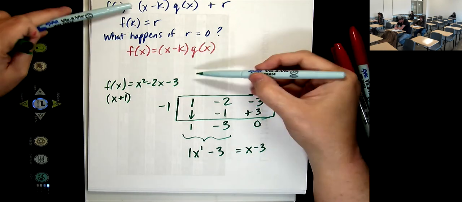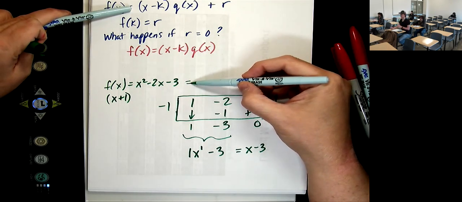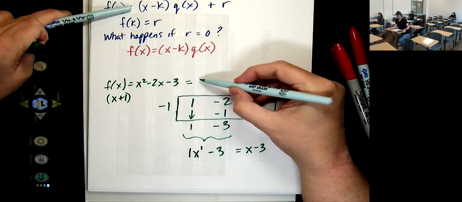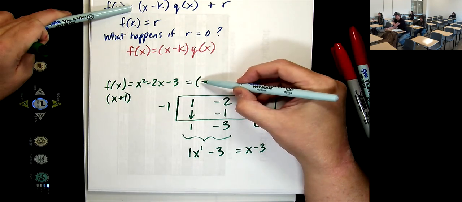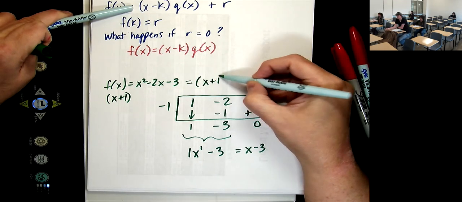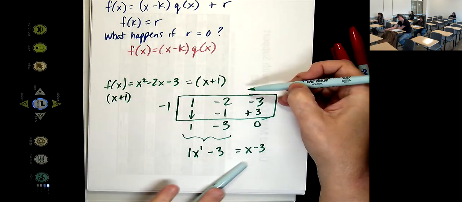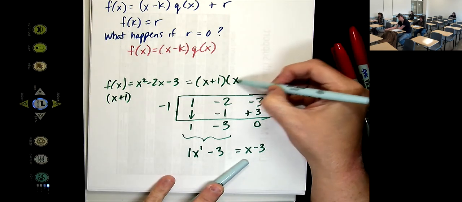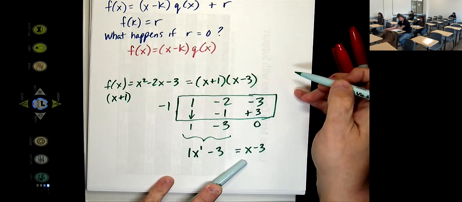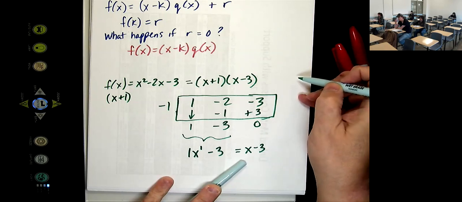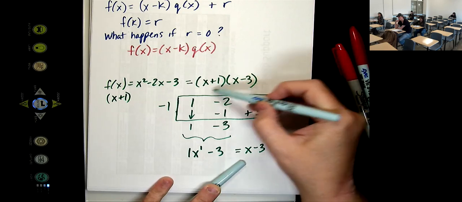If I follow this format up here, I am writing it with my x minus k, which is x plus 1. My q of x is what remains, x minus 3. And I have no remainder. What are these?